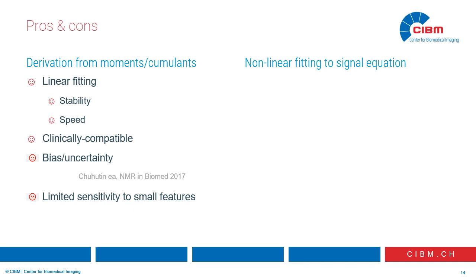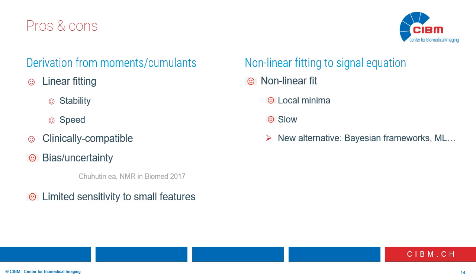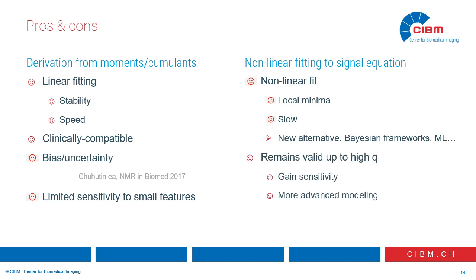On the other hand, regarding nonlinear fitting of the signal equation, as with any nonlinear fit, you'll be very sensitive to local minima, and this is also computationally much slower. However, regarding the speed or even the robustness, there are now new alternatives using either Bayesian frameworks or machine learning that can alleviate part of these issues.